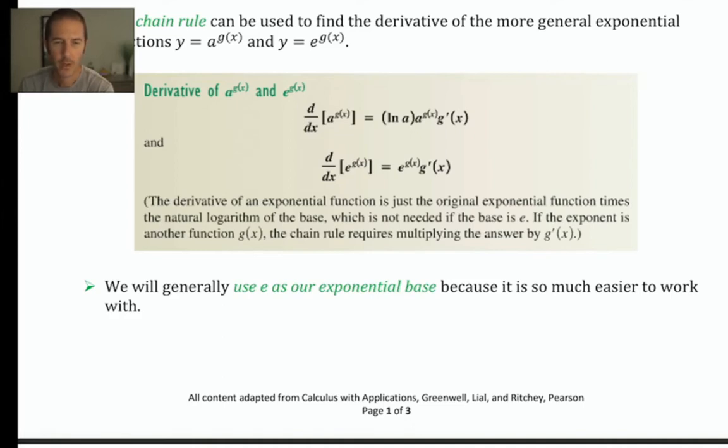Now, if the number a happens to be the irrational number e, then the right-hand side of this derivative is a little bit more simple. And the reason is that if my a value happens to be e, then the natural log of e is equal to 1.